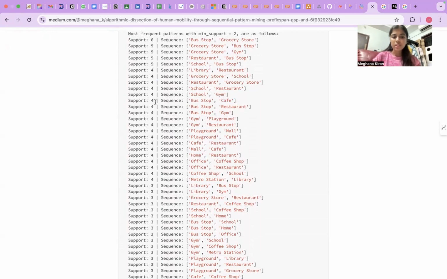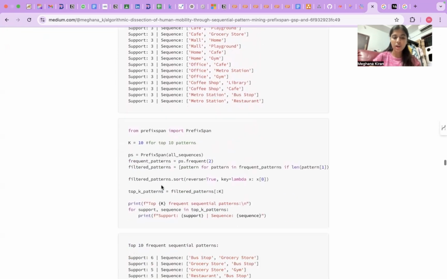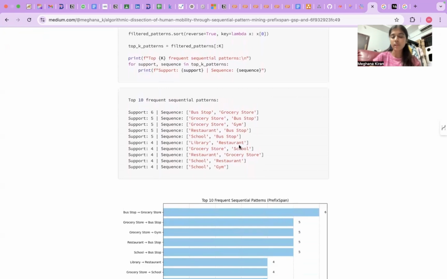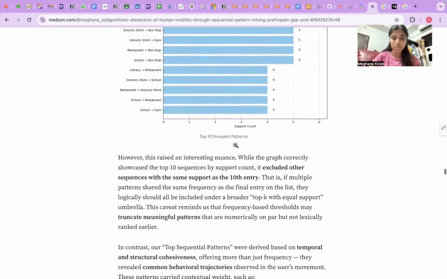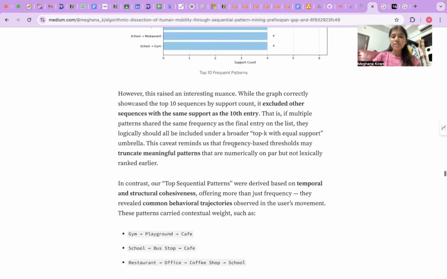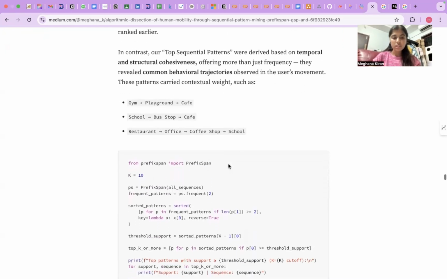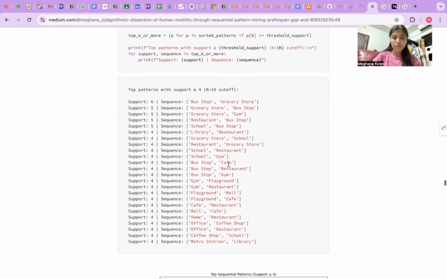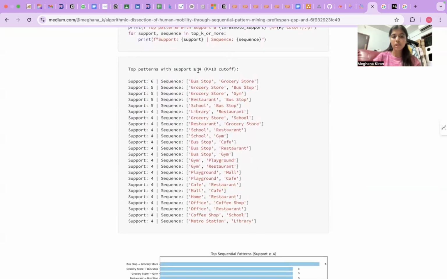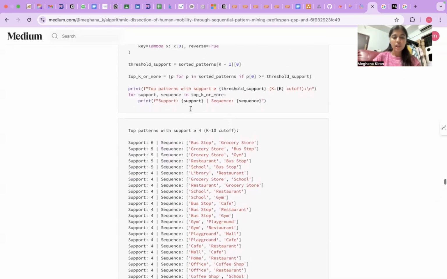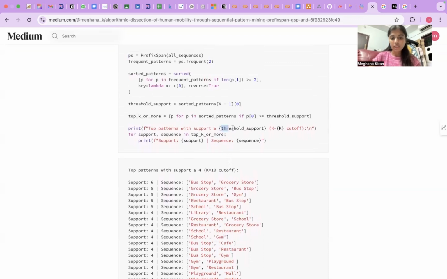So after this, there are even more sequences with the same support. So we can't just randomly print the top 10 or top 15 sequential patterns, because it has excluded other sequences with the same support as the 10th entry. In contrast, we have used the top patterns with support greater than or equal to 4 here, and it has taken that threshold support.